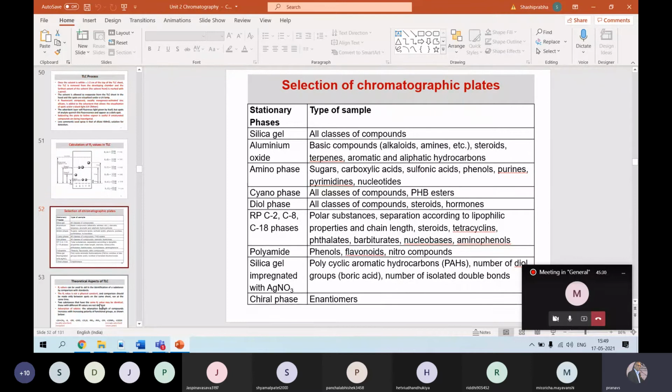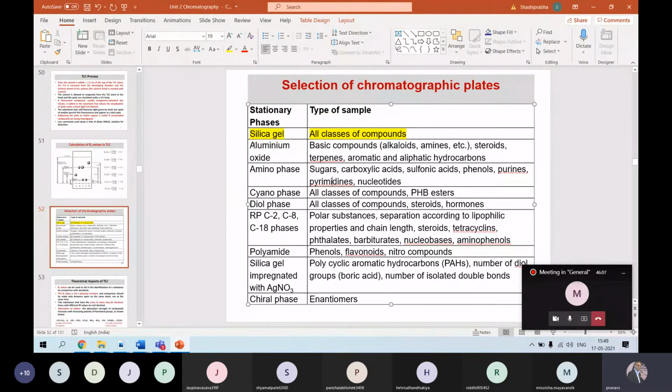Now these are the types of stationary phases in TLC which are commercially available, not as widely as silica gel. But as you can see, when you use silica gel as your stationary phase, it can be used for all classes of compounds, which is not possible with others.